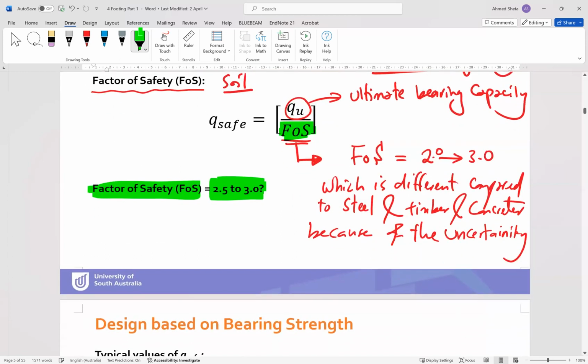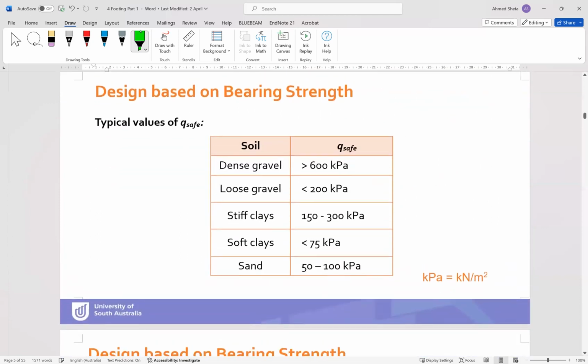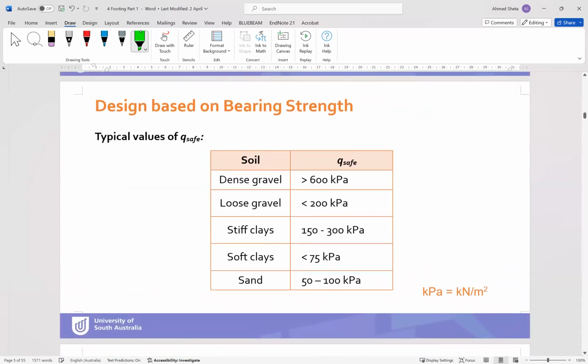Here in this slide we also have some general values of Q safe based on soil types. Again, this is generic information, and you need to refer to standards or other books to find accurate values.